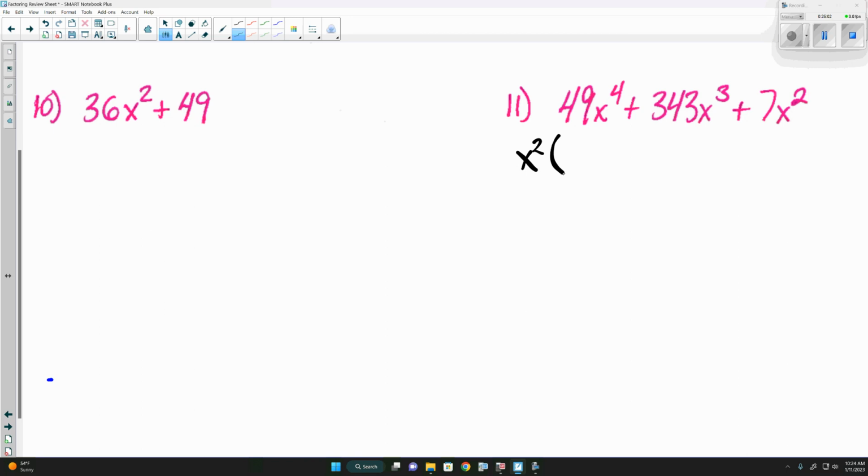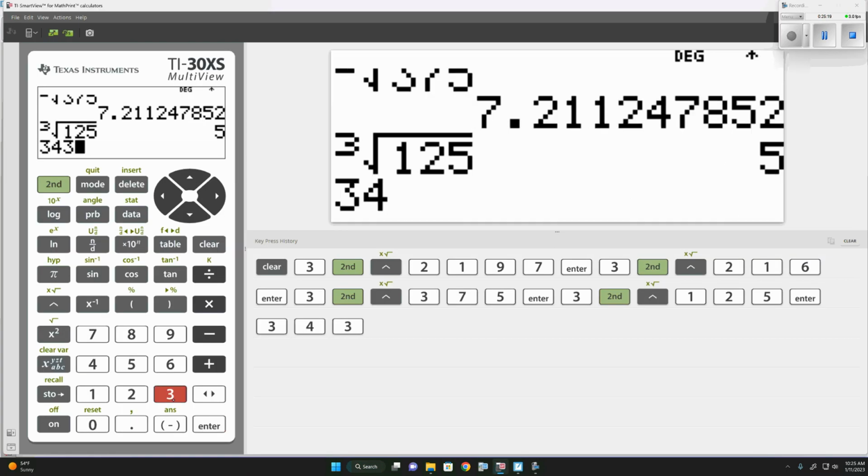Now the next question is is there a greatest common factor with 49, 343, and 7? 49 and 7 do, yes? The common factor is what? Now the question is if 343 is divisible by 7. 343 divided by 7 is 49.